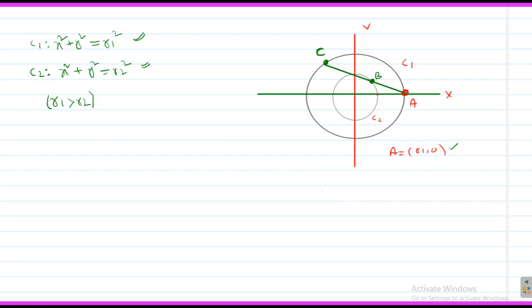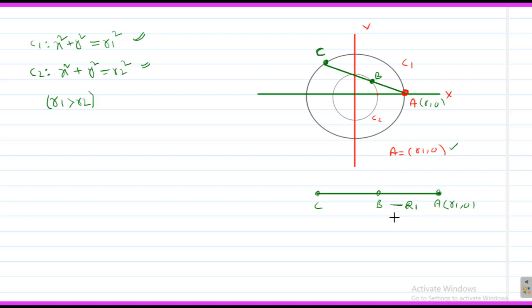See here. Okay, students. This is C. Somewhere B. This is A. Already A coordinates are (r1, 0), so here also I can write (r1, 0). Let this distance be capital R1.